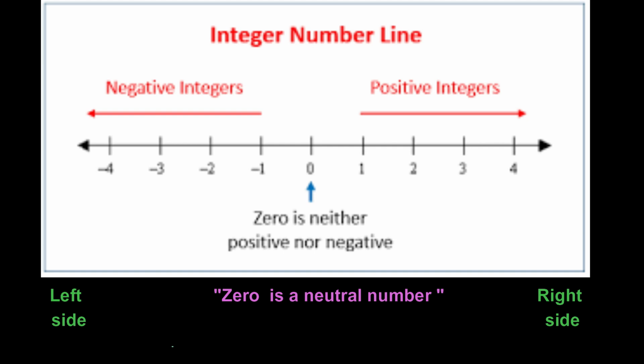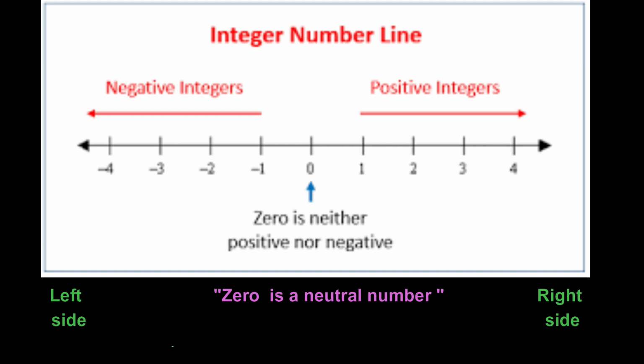It can go up to infinity, and in the center of the number line there is a 0. 0 is neither positive nor negative, so 0 is a neutral number, as I have written at the bottom of the line.